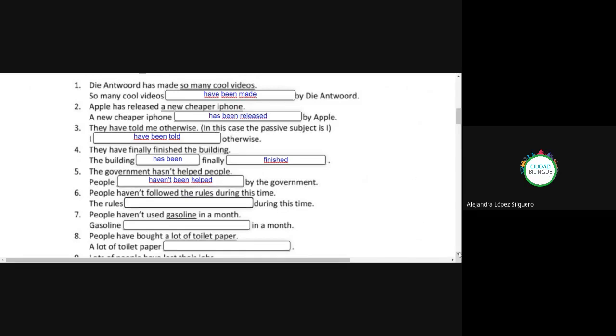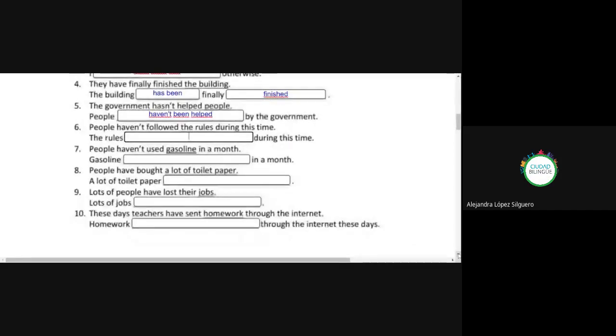6. People haven't followed the rules during this time. So the rules during this time. The rules haven't been followed. Excellent. Haven't been or have not, right? Haven't been is a contraction. The rules haven't been followed during this time.